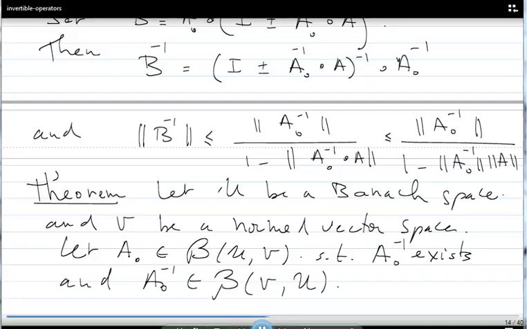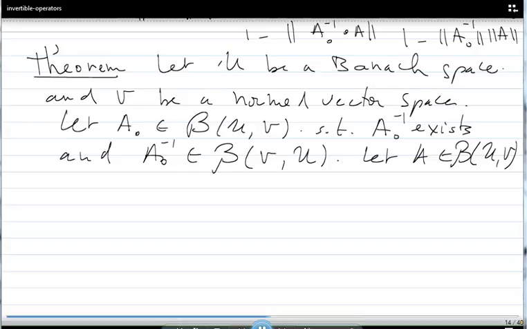Let A be a bounded operator from U to V such that the norm of A is less than 1 over the norm of A0 inverse.